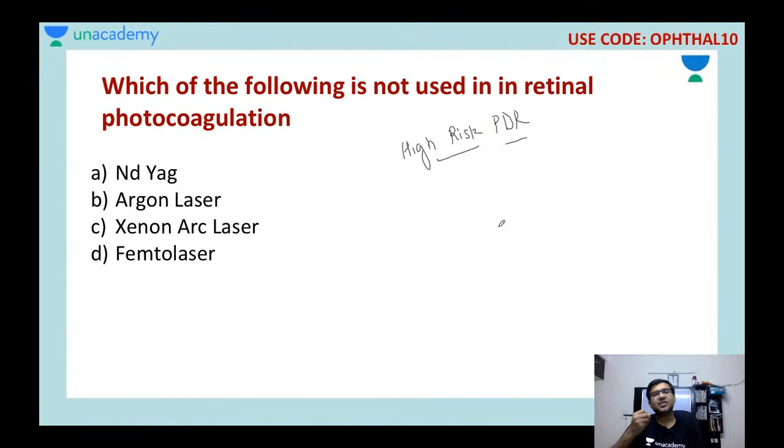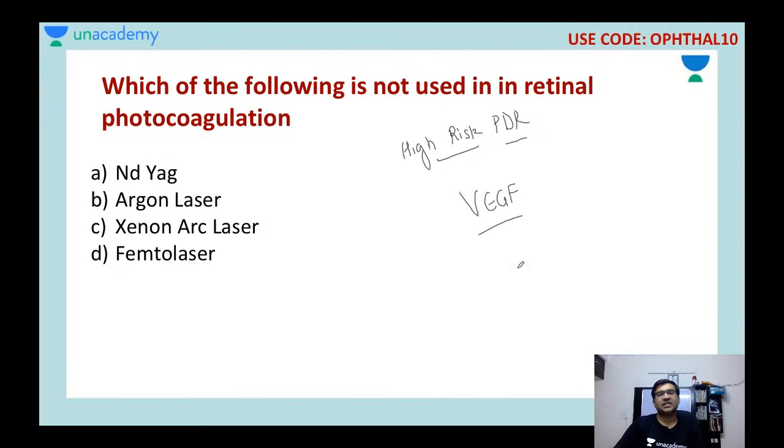In this condition, the basic aim of the treatment is that we destroy those cells which are producing VEGF. So we have to destroy VEGF producing cells, and we use lasers to destroy them, to coagulate them.